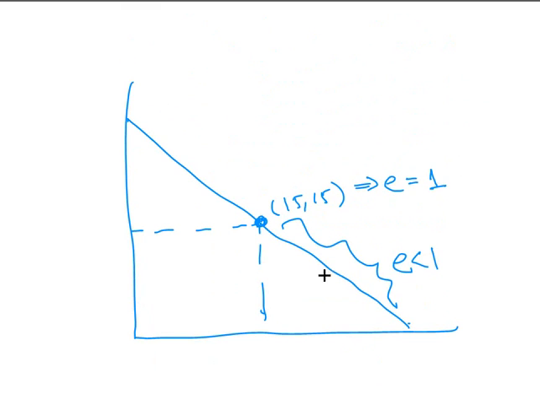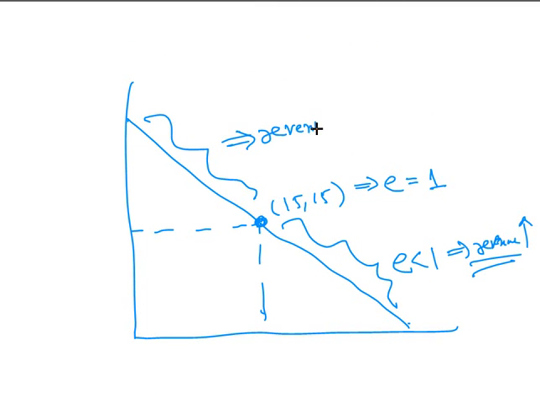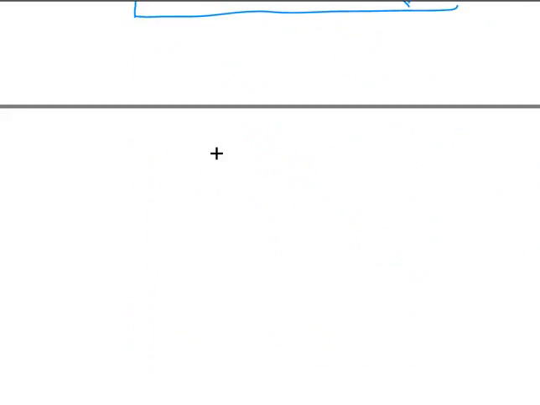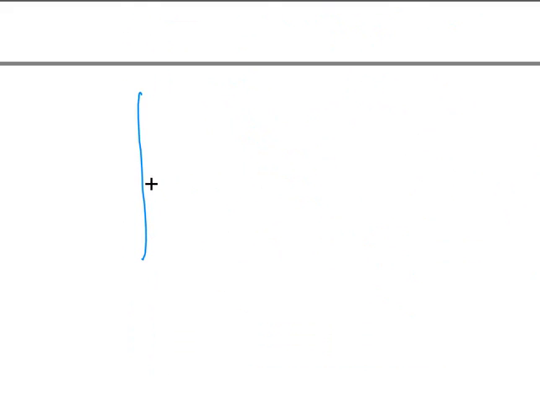Now if you are in the area where elasticity is less than 1, you would increase the revenue. If you increase the price, your revenue will increase. But in this area, your revenue is going to decrease because here the elasticity is greater than 1.